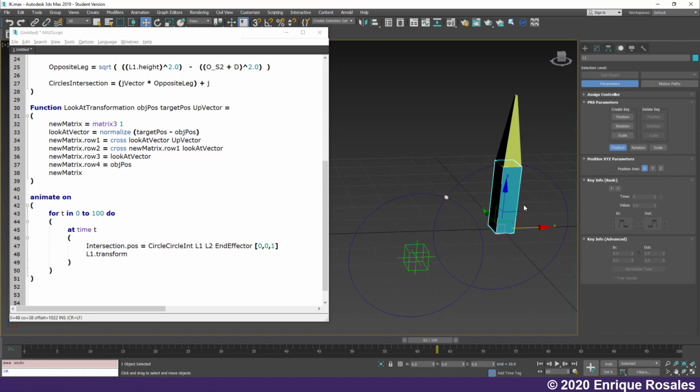So they will not be related as parent and child; the relation is just because they share that point of intersection. I'm defining their transformation matrix with respect to the world coordinates using these two positions. So I will say L1 transform is equal to this function right here.